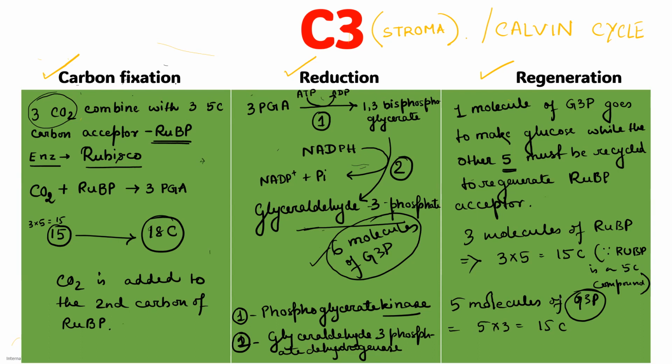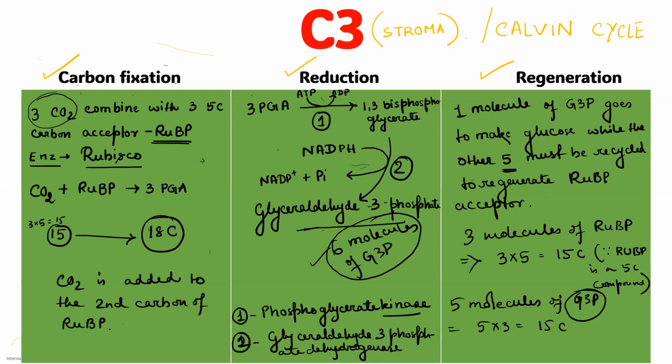So the equation is balanced. Now, you must remember that 3 turns of the Calvin cycle are needed to make one G3P molecule that can exit the cycle and go towards making glucose. This you will have to remember.